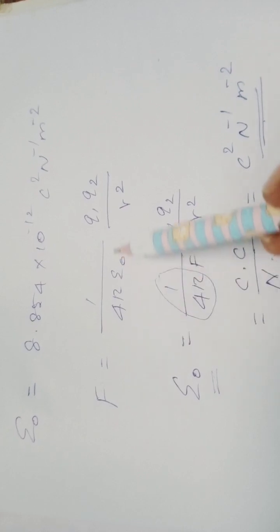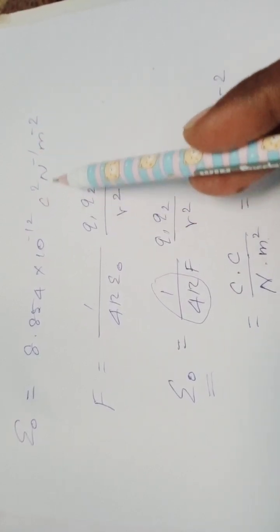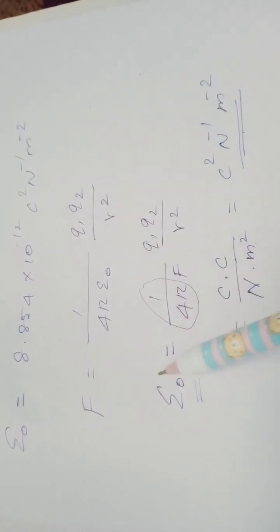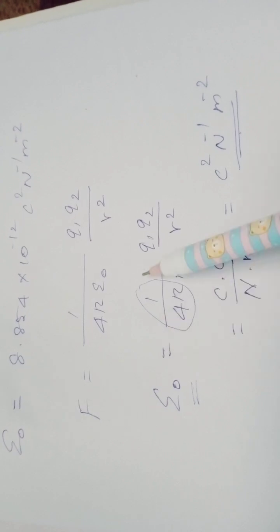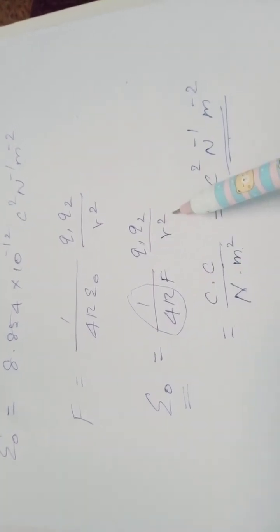Then from the Coulomb's law equation, we can derive the SI unit of epsilon naught. So from this equation, epsilon naught is equal to 1 by 4 pi into Q1 Q2 by F R square.